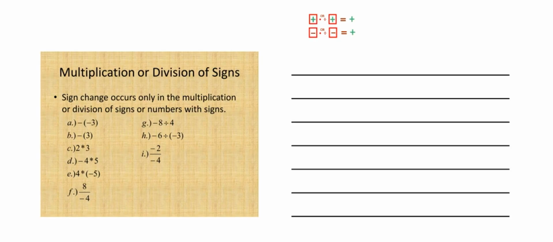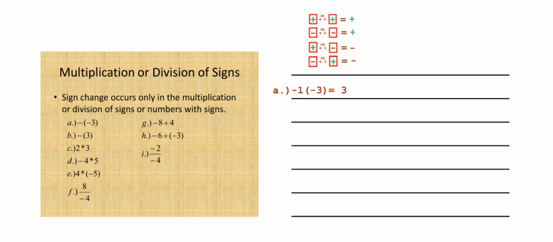So when you're multiplying or dividing and they have the same sign, you get a positive answer. On the other hand, if you have opposite signs, one's a positive, the other one's a negative, or one's a negative, the other one's a positive, you're going to get a negative answer.